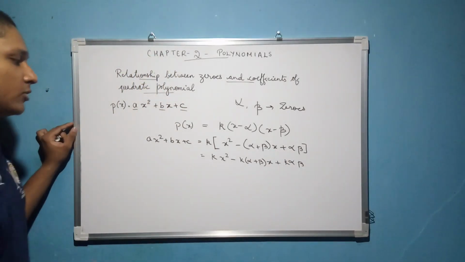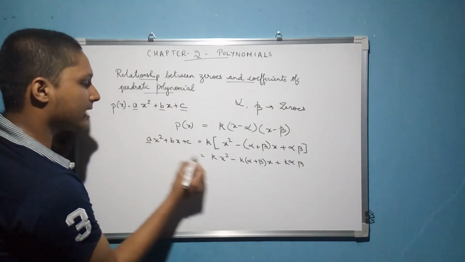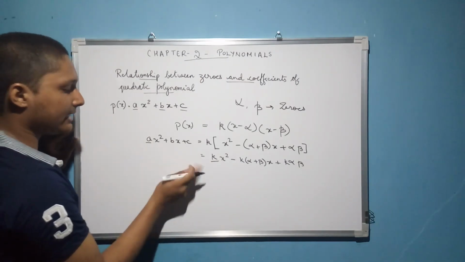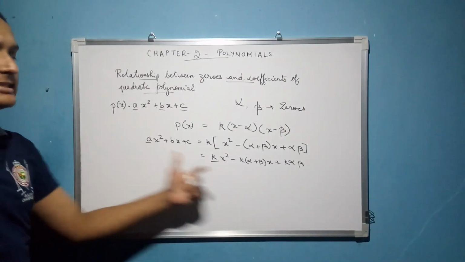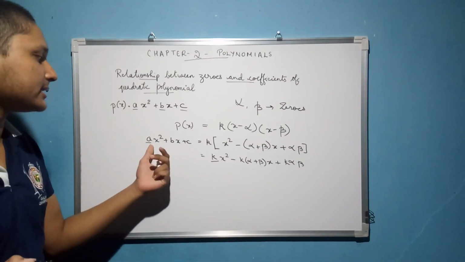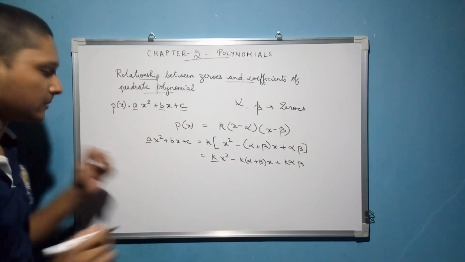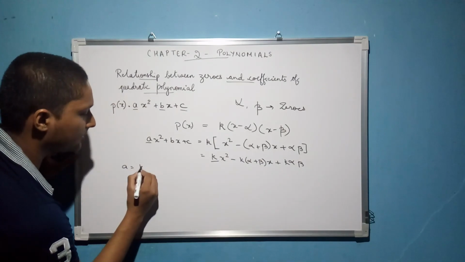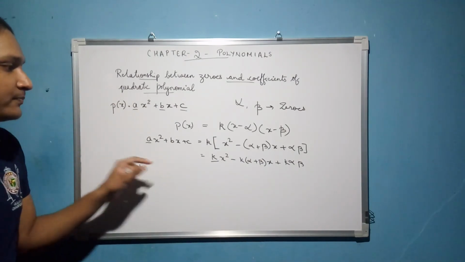Okay, now we have x square term at both the sides with a and k. So just by seeing, I can say that the x square terms, the coefficients are going to be equal. Let us say a is equal to k.